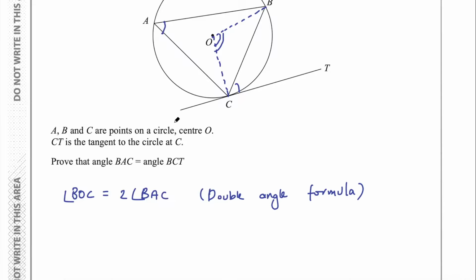And what next? Well, they've told us CT is a tangent, so that means it meets the radius at 90 degrees. That will come in handy in a minute.